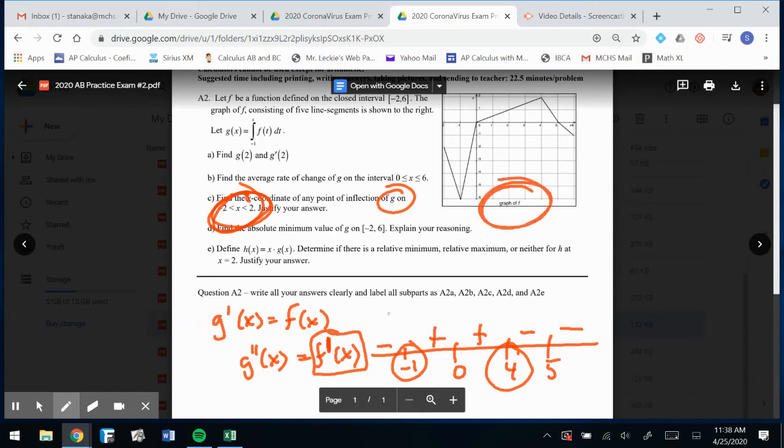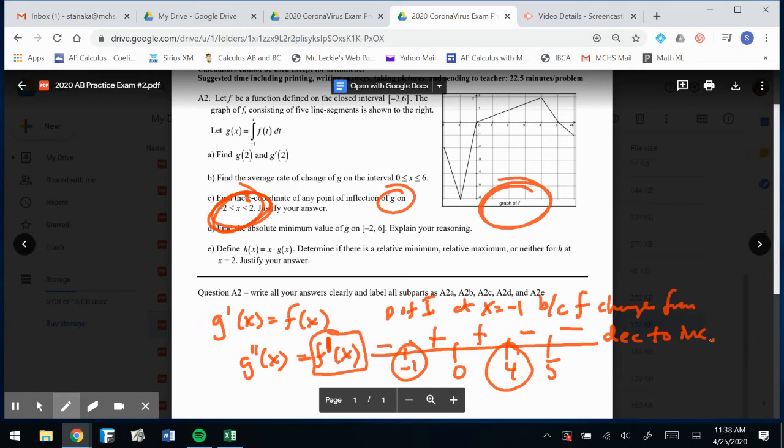So your best reason here is that there's a POI, and make sure you write out point of inflection, at x equals -1 because f prime changes from decreasing to increasing, right? That's what happens with the slopes.